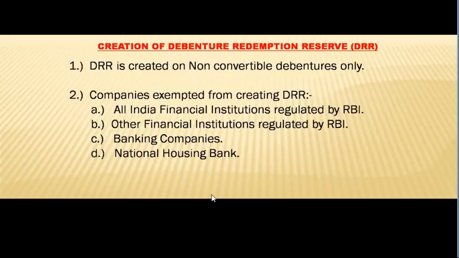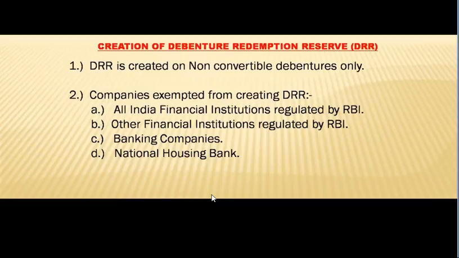And the second point says that there are certain companies which have been given exemption by the Companies Act 2013 from creating DRR. That is, these companies need not create DRR. What are the companies? All India financial institutions regulated by Reserve Bank of India, other financial institutions regulated by Reserve Bank of India, banking companies and National Housing Bank.